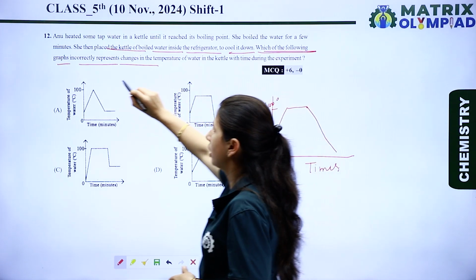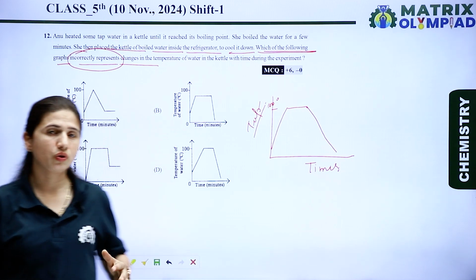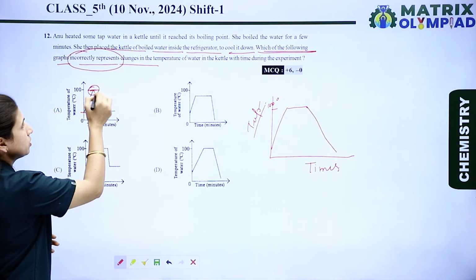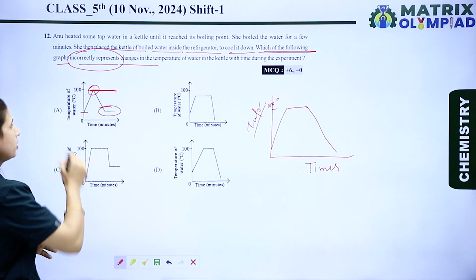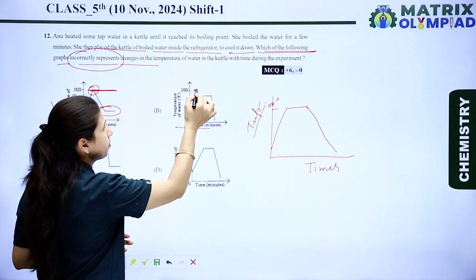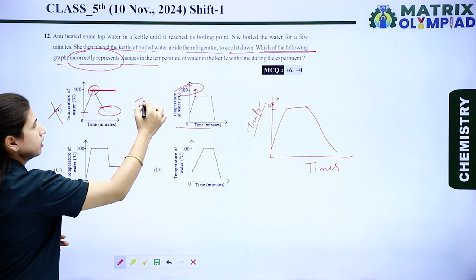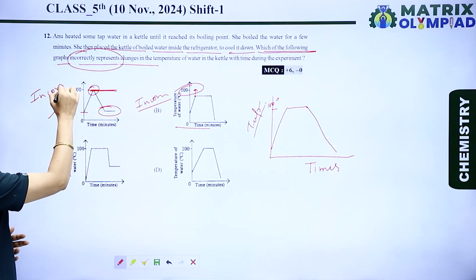Which of the following graphs incorrectly represent? If we're talking about graph A, here 100 degrees is present, but it is not constant for some time, and it is not lower than this point. So it is completely wrong. If you're talking about B, in B it has not reached 100 degrees. So this is also incorrect.